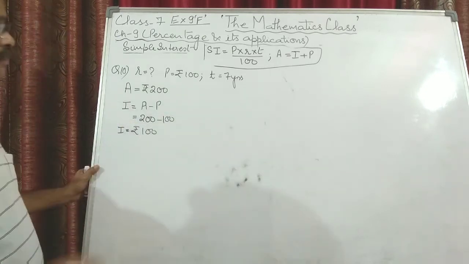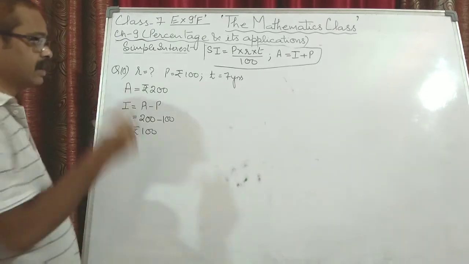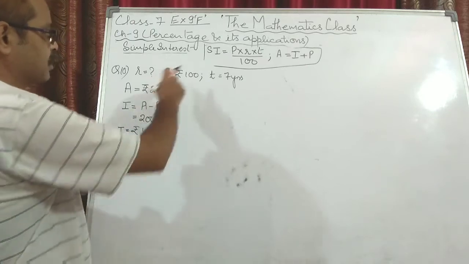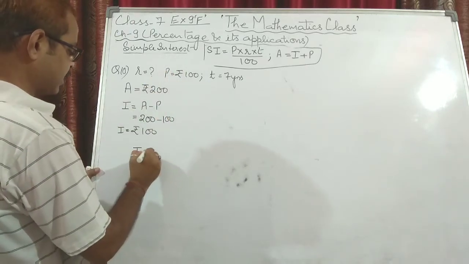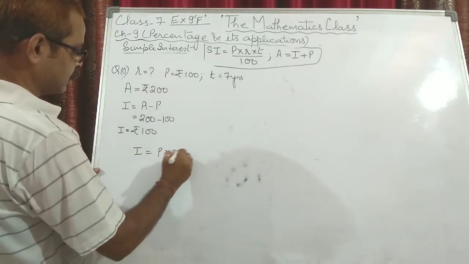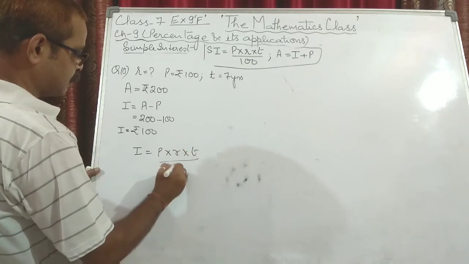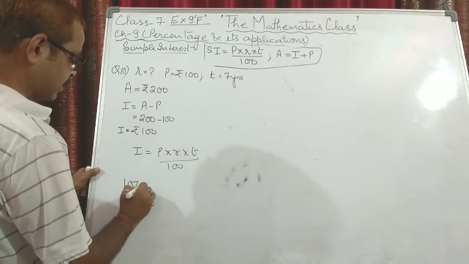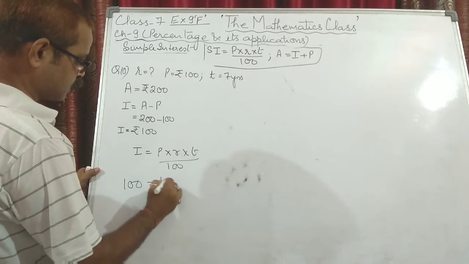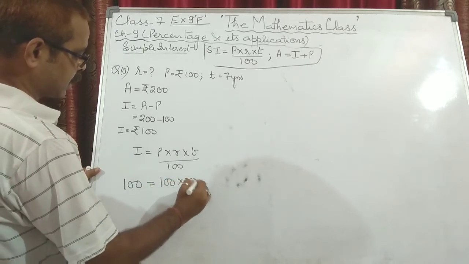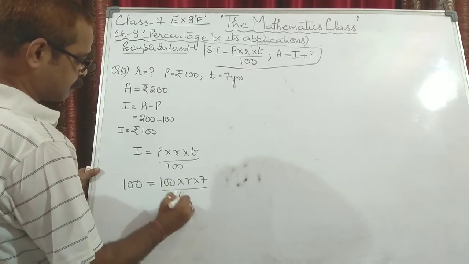It means in 7 years at what rate percent will I get rupees 100? So we know that interest is equal to principal into rate into time upon 100. Interest is 100, principal is also rupees 100, rate we have to calculate, time is 7, upon 100.